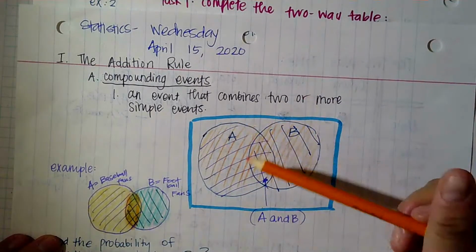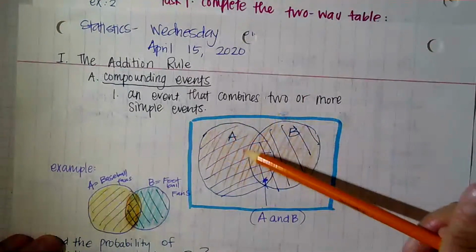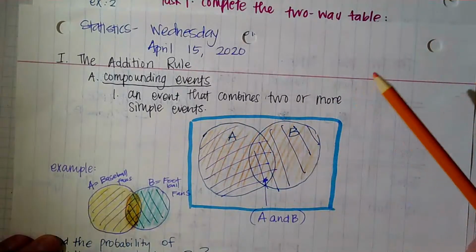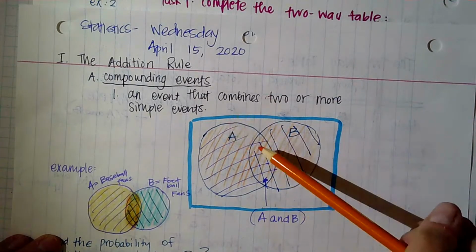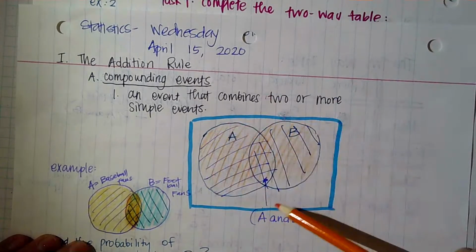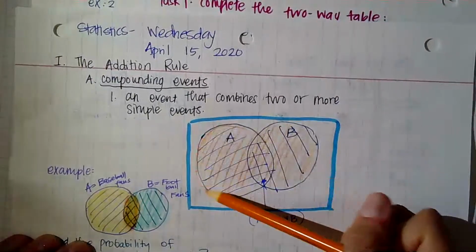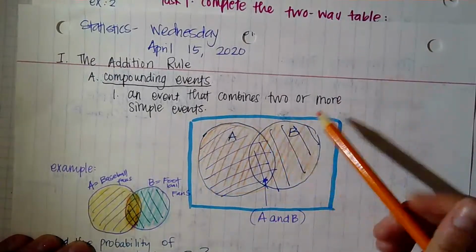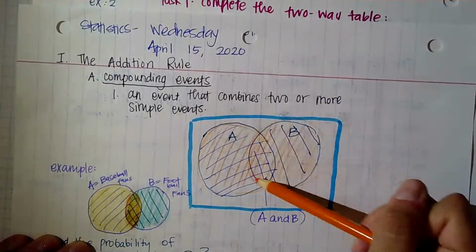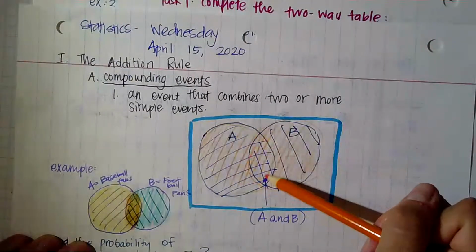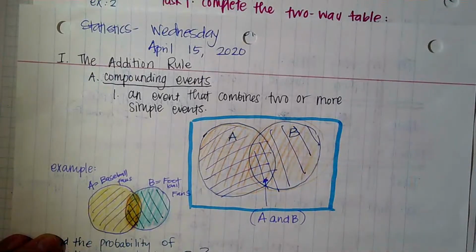Remember, though, that I must only choose one value exactly only once or represent it exactly only once. So let's talk about that. As I shaded the whole thing, I did shade A, and then I did also shade B, but I had to be very particular that this little area here is only represented exactly only once.